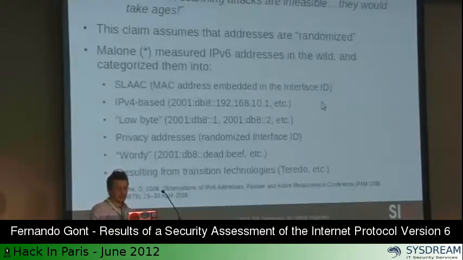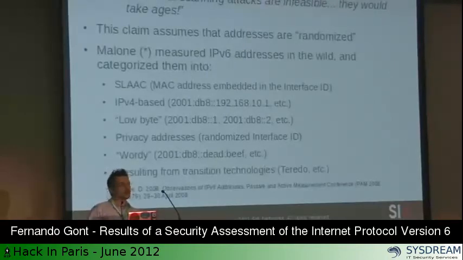So in some cases, you find those addresses too. There are also low-byte addresses, which are these ones here, in which you can see that the interface ID is all zeros, and it's just the last byte that changes. That's typically the result of manual configuration.